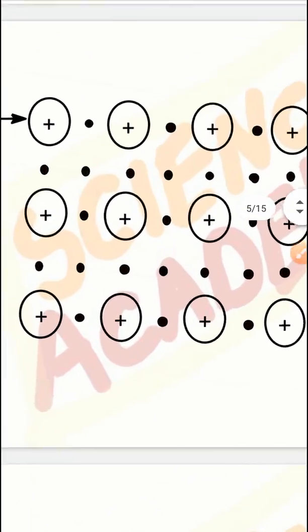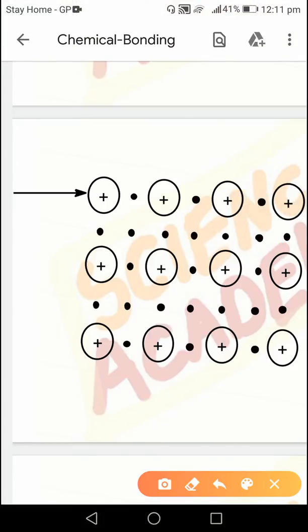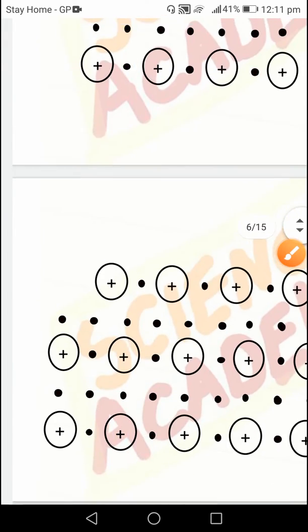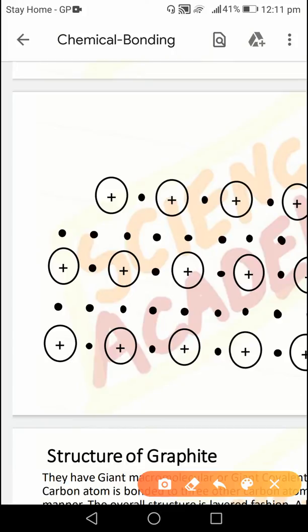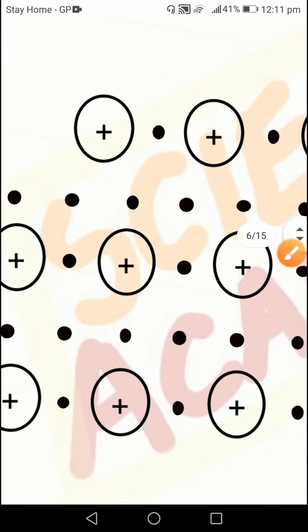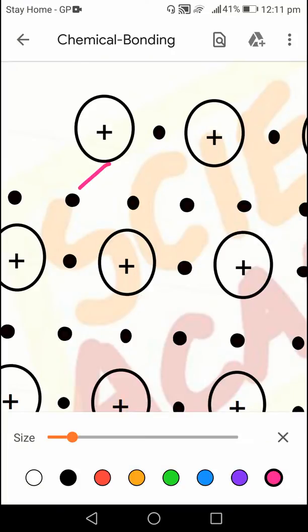Now look at this diagram, a force is being applied on the layer of the metal, and here look, the layer of the metal has slightly moved to one side, but still they are held in place due to the electrostatic attraction of the metal ions and the electrons.